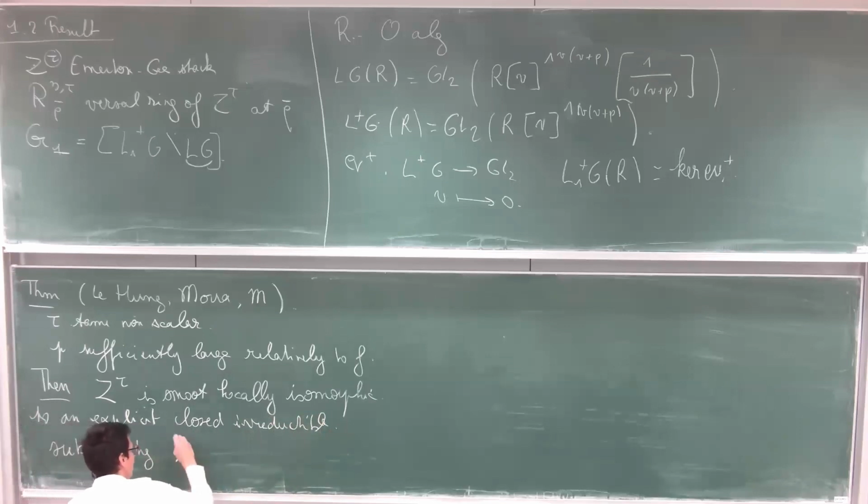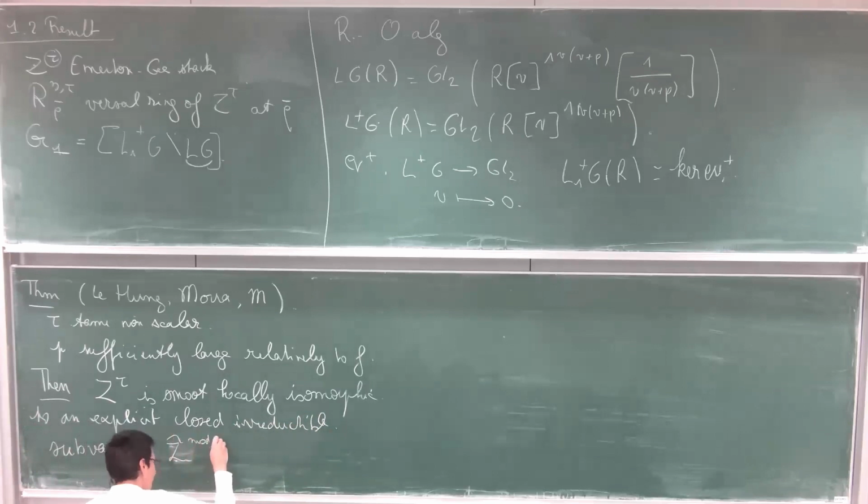I will denote this subvariety like that. Mod is for model, of Grassmannian.